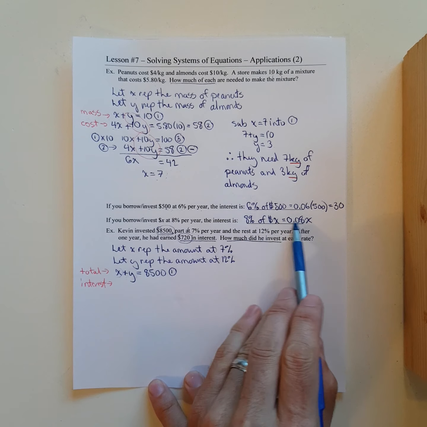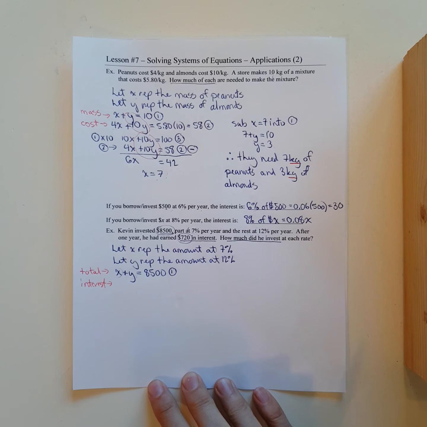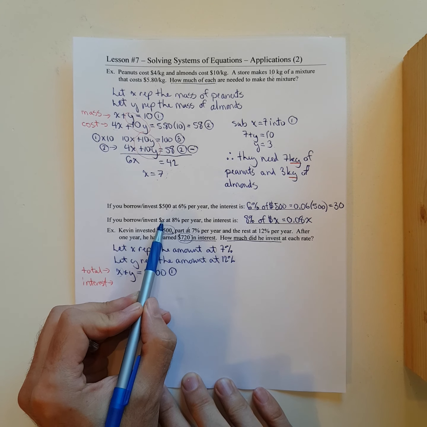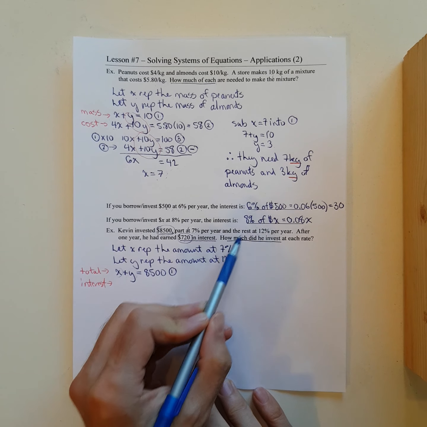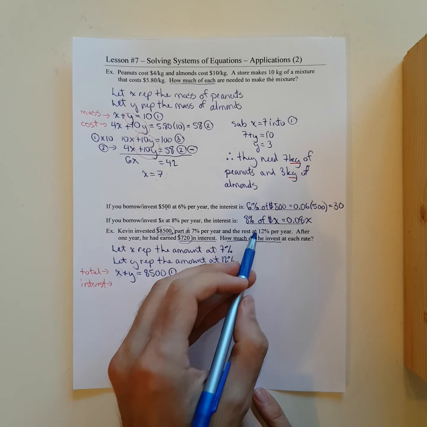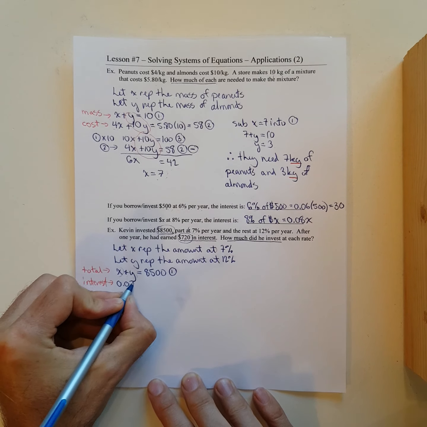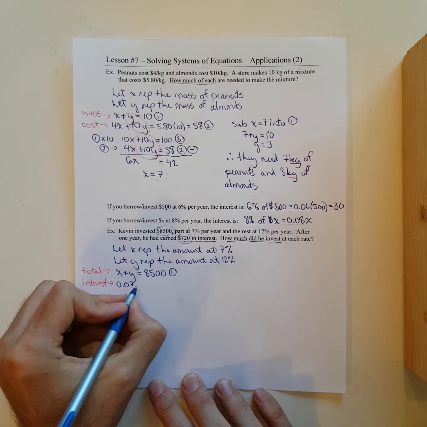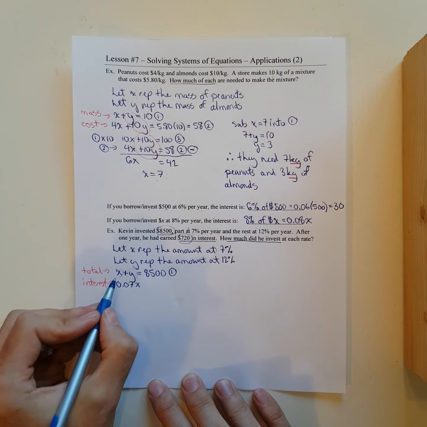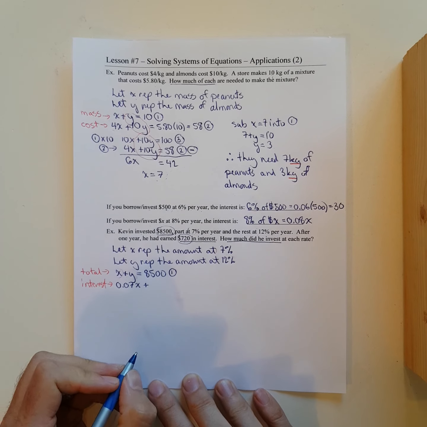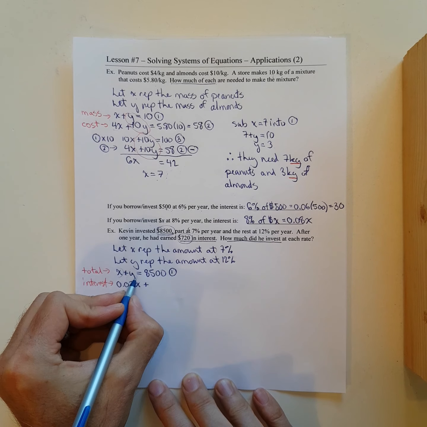So the same way we did this calculation here, I'm going to do the exact same thing here. He invested X dollars, we don't know how much that is, at 7%. Okay, here 8%, here 7%. So the same idea that we used here, I'm going to say the interest is 7% or 0.07 times x. There's the interest from that first investment. To that, we're now going to add on, what's the interest from the second investment?